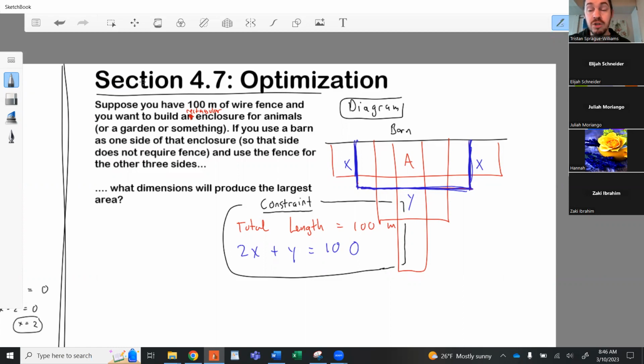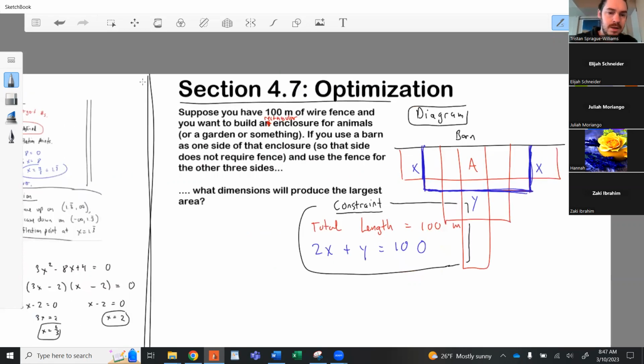The constraint is essentially a rule that those variables have to follow. Our constraint is that we're going to use exactly 100 meters of fence to form this enclosure. But the constraint is not the thing we want to optimize.